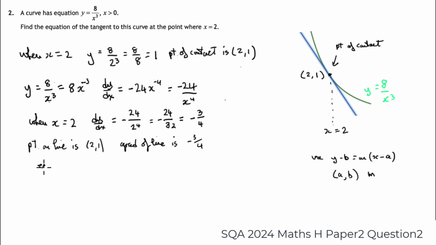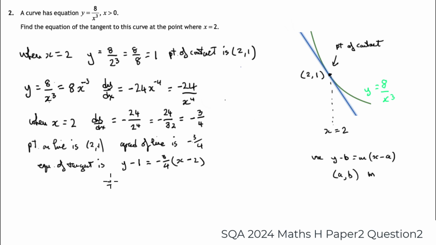So the equation of the tangent is y minus b, that's the y coordinate of the point on the line, that's y minus 1, equals m, the gradient, negative 3/4, and in brackets x minus a, that's the x coordinate of the point on the line.